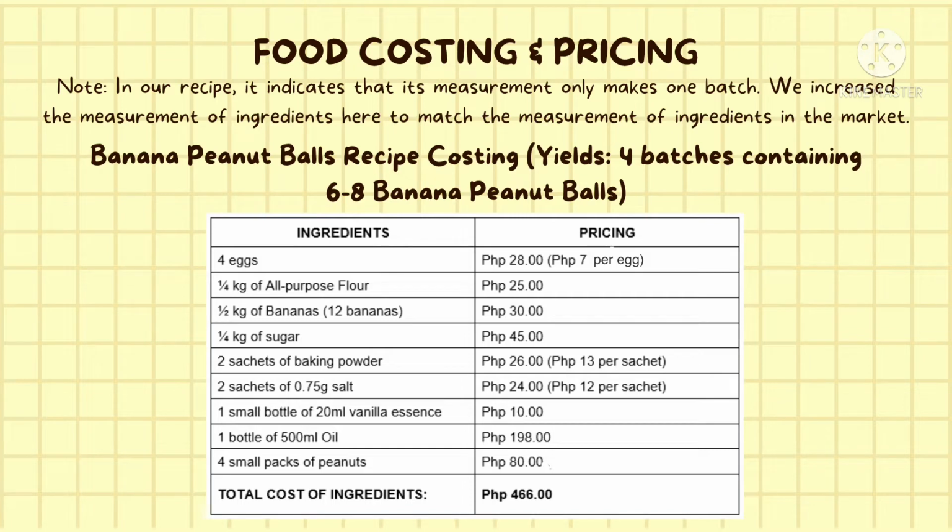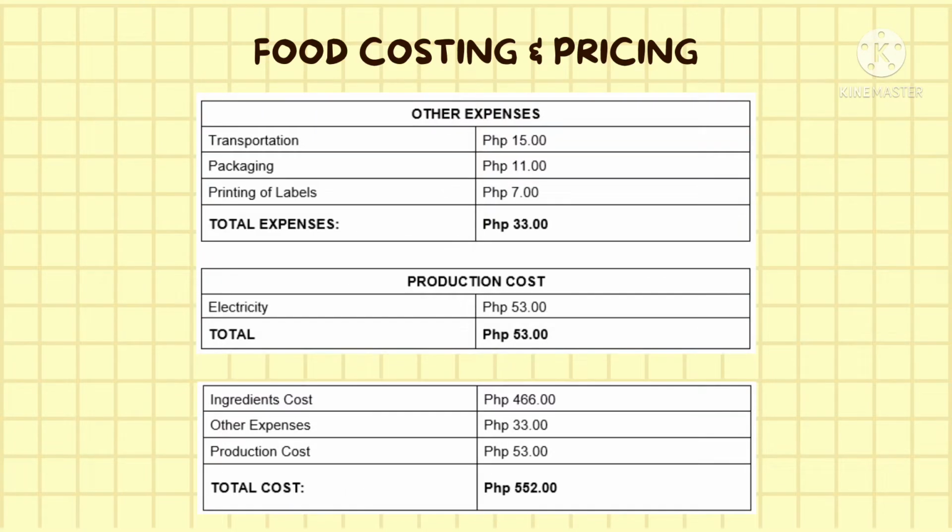If we add all prices of the ingredients, the total cost of ingredients would be 466 pesos. Here are the costs for the other expenses. 15 pesos for transportation, 11 pesos for packaging, and 7 pesos for the printing of labels, in which the total expenses would be 33 pesos.